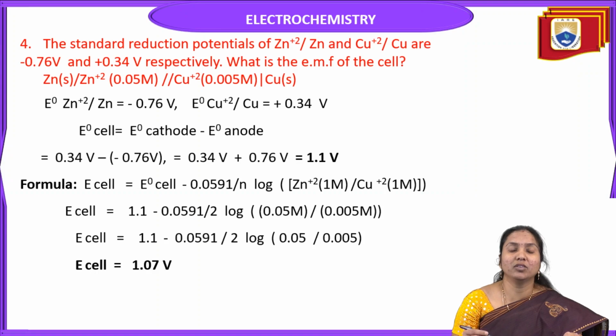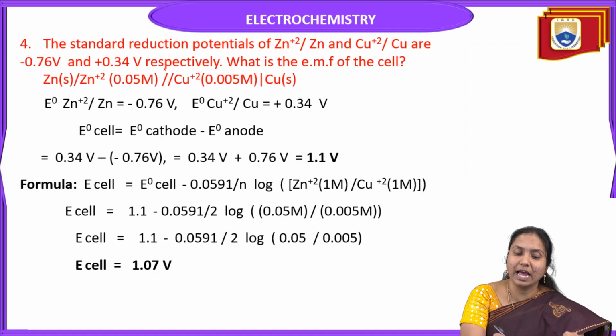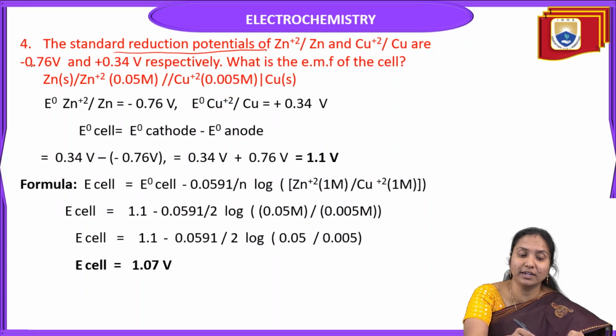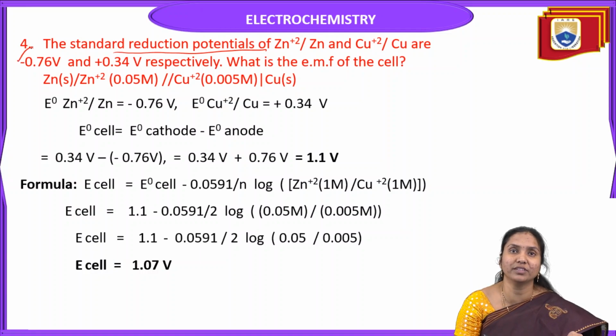So one more problem based on the electrochemical cell and the Nernst equation. So here the standard reduction potentials of zinc and copper are, zinc standard electrode potential is minus 0.76 and copper standard electrode potential is plus 0.34 volts respectively.